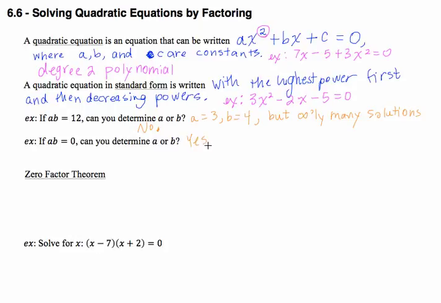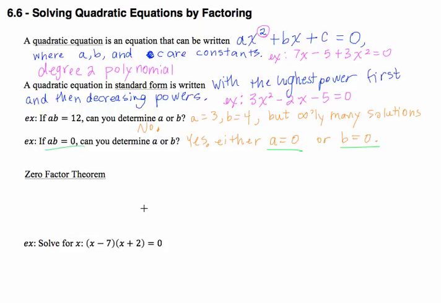So either a would have to be 0 or b would have to be 0 in order for their product to equal 0. And if either of those things is true, then this equation is true. They don't both have to be true, but if at least one of them is true, this equation is solved.